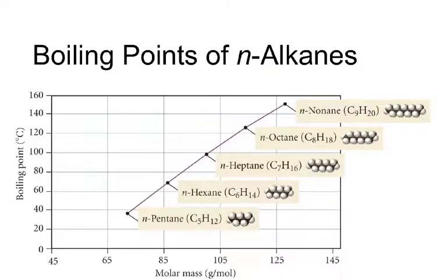We can see the effect of shape by looking at the boiling points of n-alkanes. As we add more carbons on, our boiling point increases because of both added mass and the longer shape.